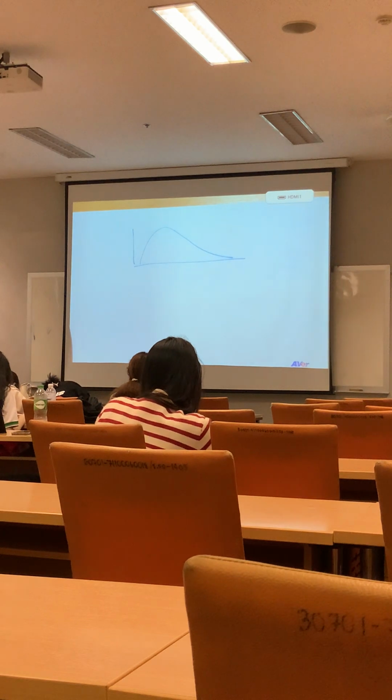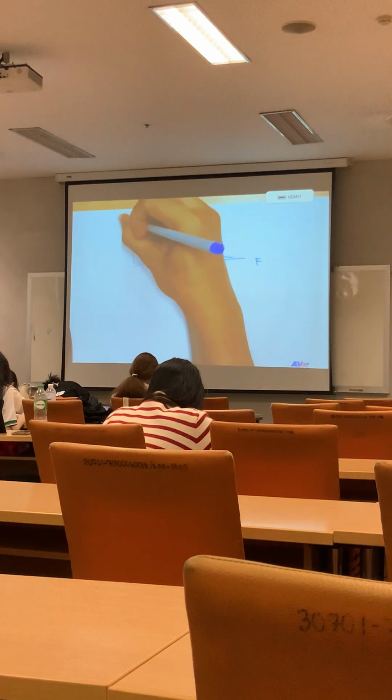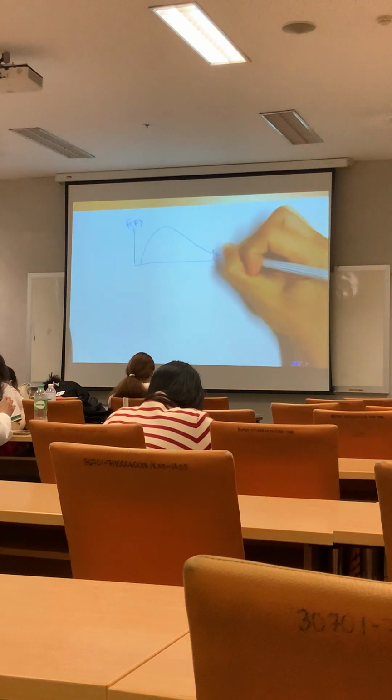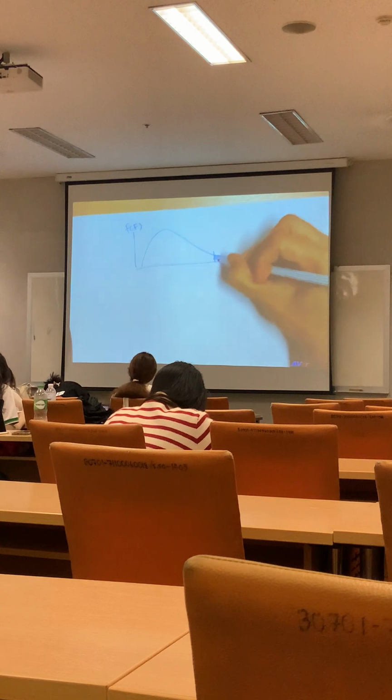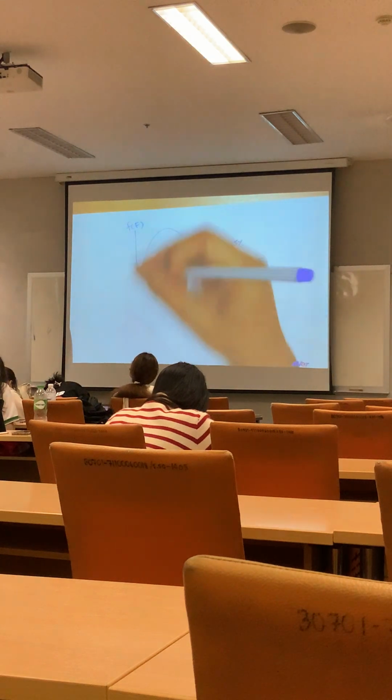So suppose that this is an F distribution. If you want 5% on the upper tail, that is easy, you can read it off the table.